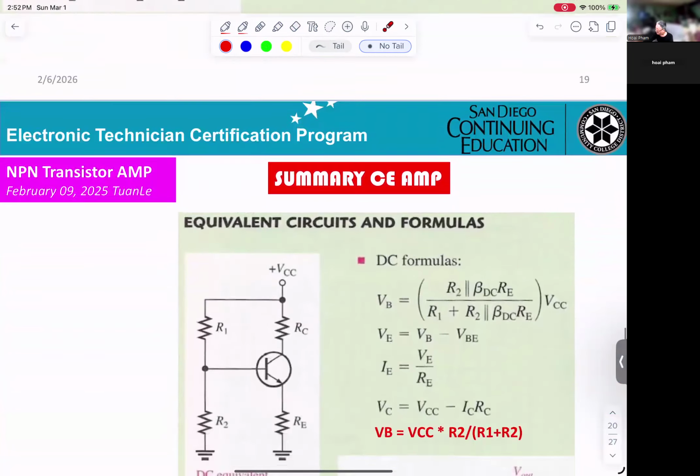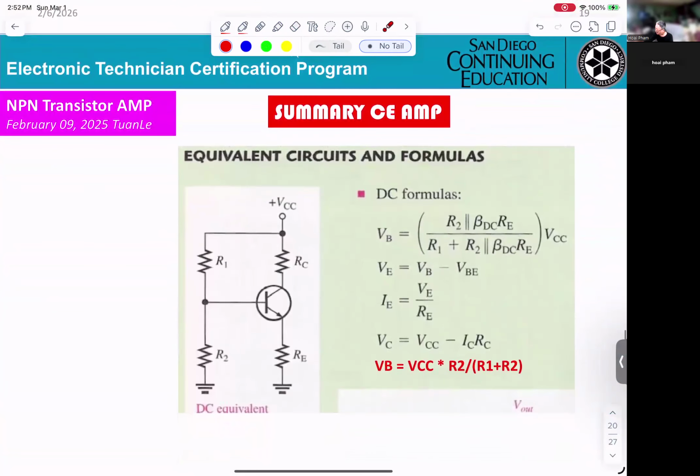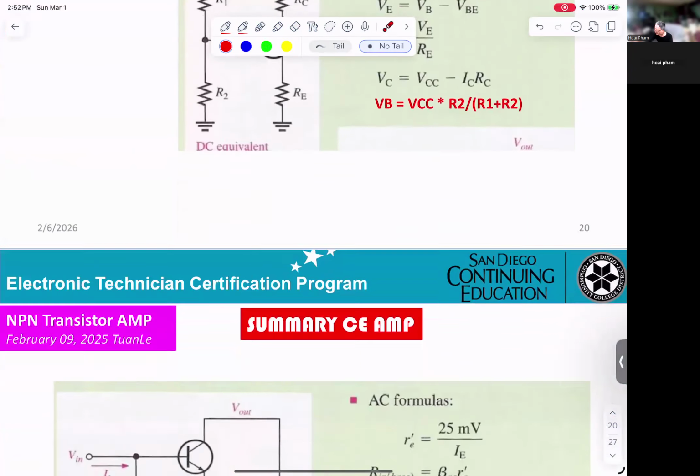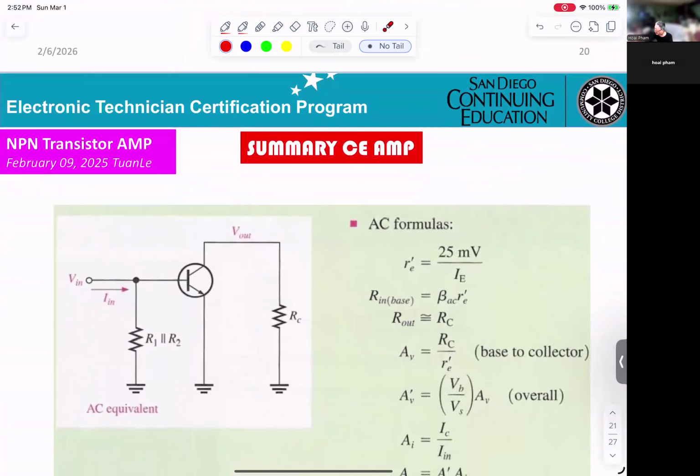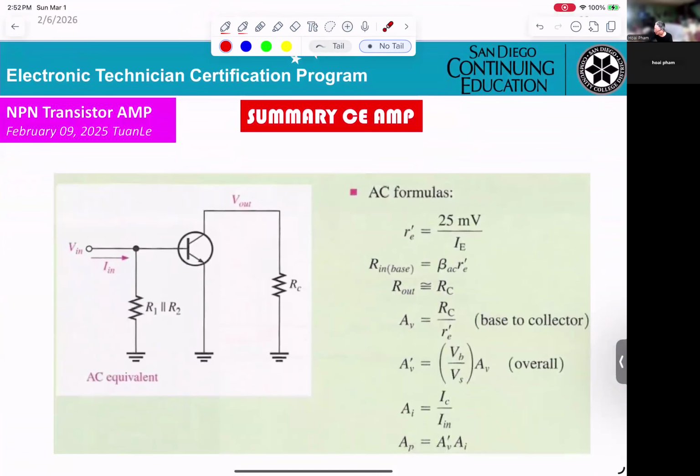Okay? DC formula. Okay? And AC formula. If you want any formula, you can go in here. Only take it, you must understand what's going on.